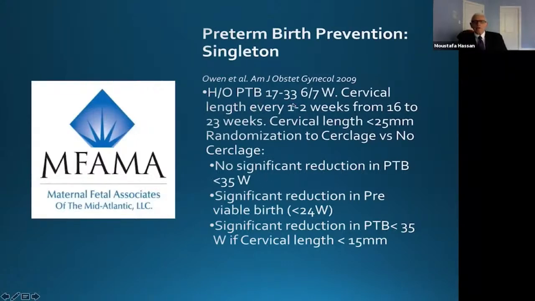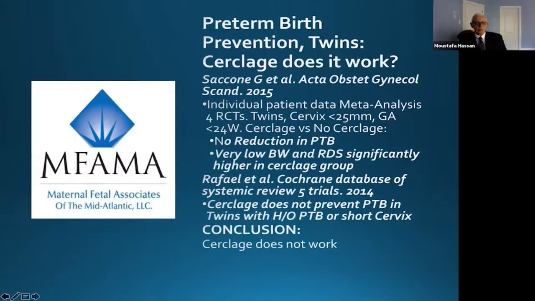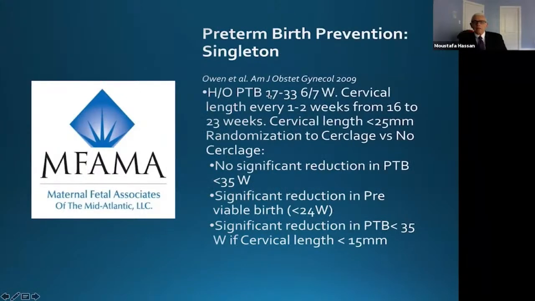This is one of the studies where they studied patients with a history of preterm births between 17 and 34 weeks. Cervical length was done every 1 to 2 weeks from 16 to 24 weeks.